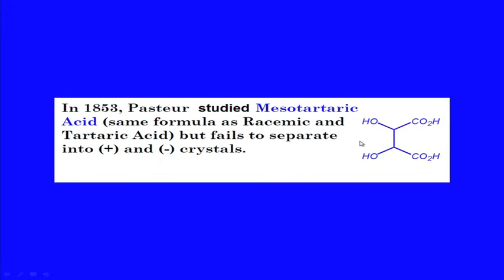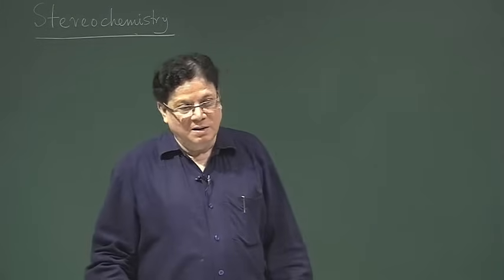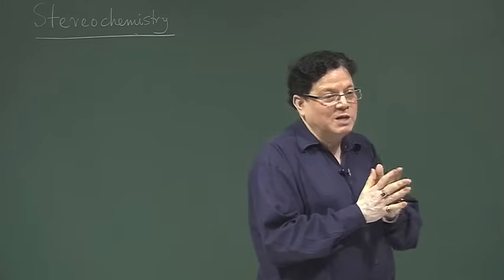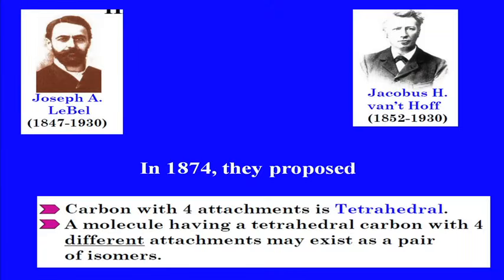That means four different groups are attached to this carbon, and according to Van 't Hoff and Le Bel, they are attached in a tetrahedral fashion. Because of this tetrahedral arrangement, if a carbon has four different groups attached to it, then you can generate two molecules out of it, and one will be the mirror image of the other, and they can exist as a pair of isomers. So, that is a breakthrough concept. Remember, it is only 1874.